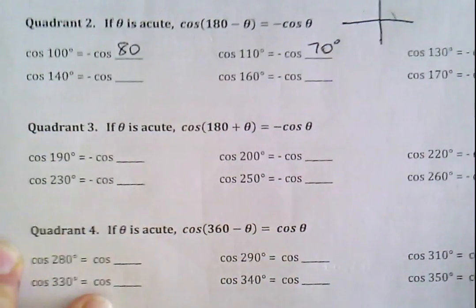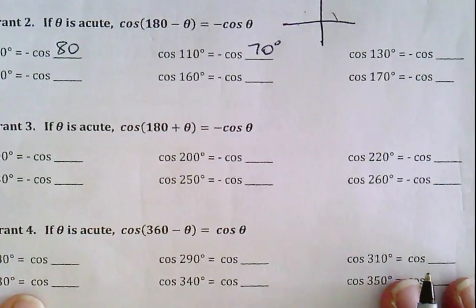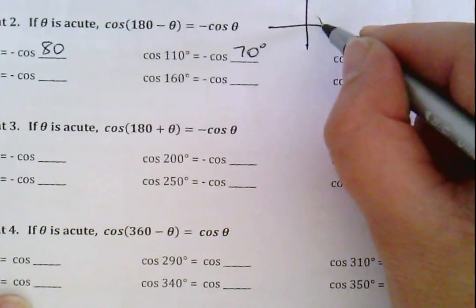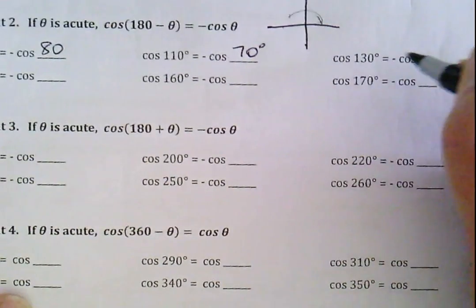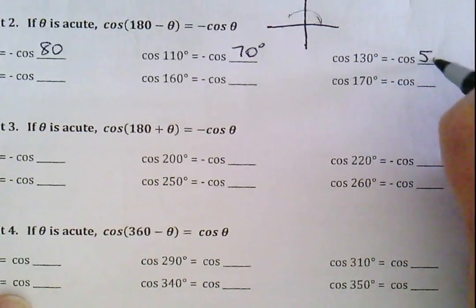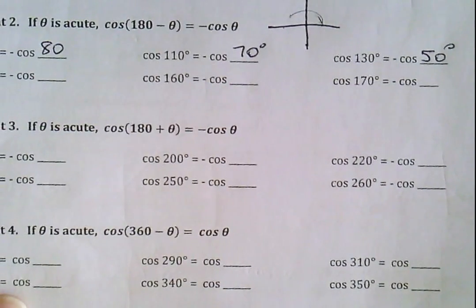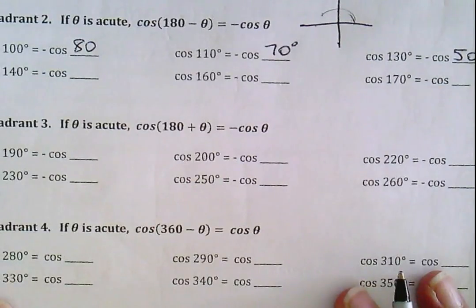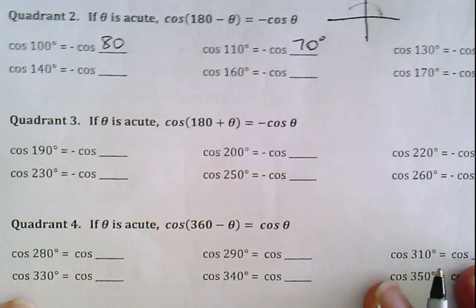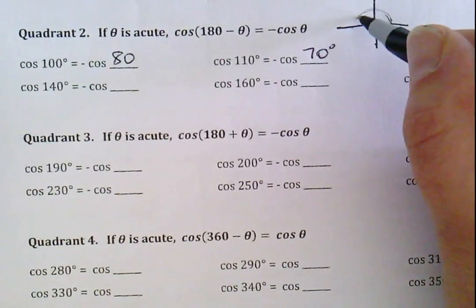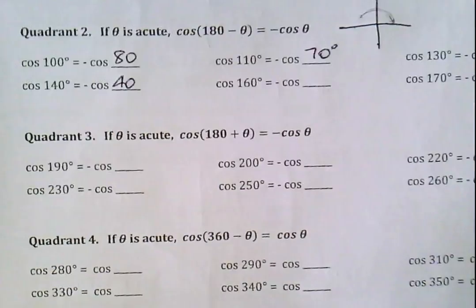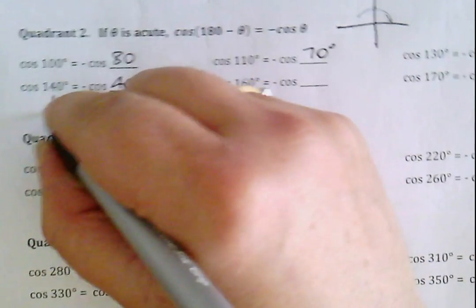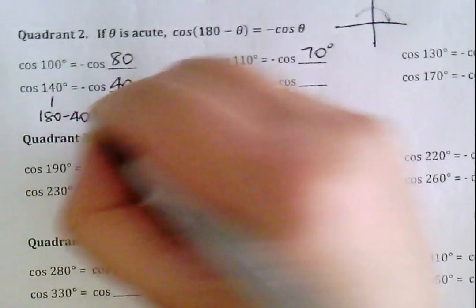It's negative cos 70 because cos is negative in quadrant 2. Cos of 130 means I'd go to about there. How far am I short? But cos is negative in quadrant 2. We're doing the same thing over and over again. Cos of 140 would get me there. Negative cos 40. Do you get it?